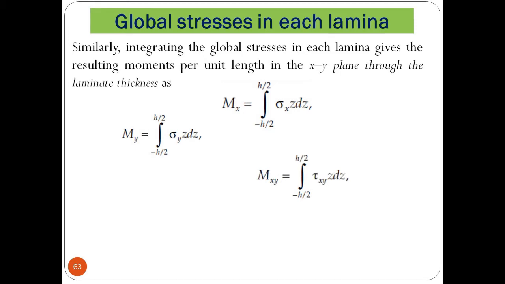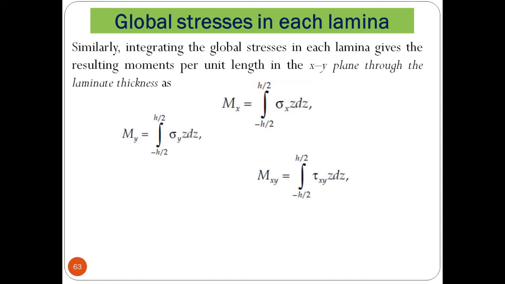And similarly, for the corresponding shear stress in the plane 1-2, Mxy. 1-2 is the local plane, and if these local planes are converted into the global, they are abbreviated by xy, and combined for shear stress as Mxy. So Mxy equals, once again, the integration from minus h by 2 to h by 2 of tau xy z dz.